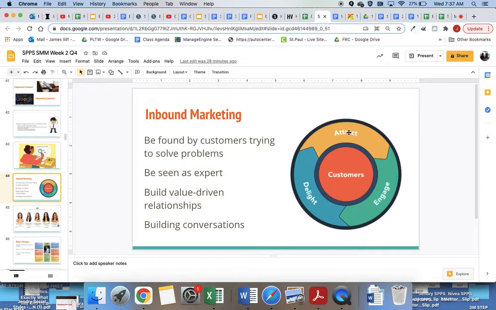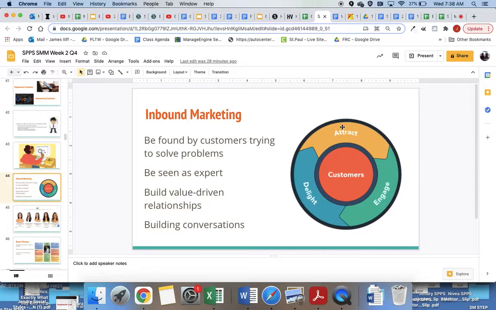And so we imagine this as spinning. When you get more and more customers, this starts to spin and it can kind of take a life of its own. Notice who's in the center of all this: your customer. So you're trying to solve your customer's problems in life, and you're attracting them, engaging them, and then delighting them.